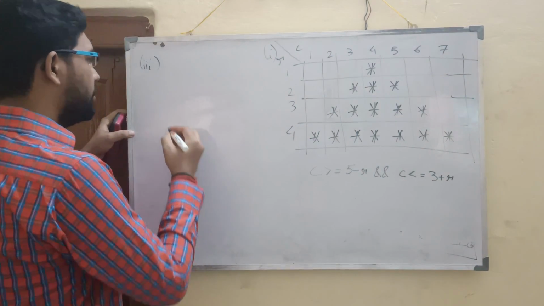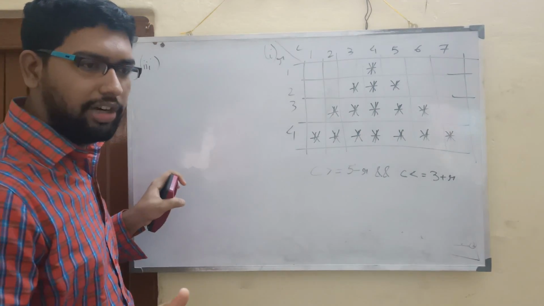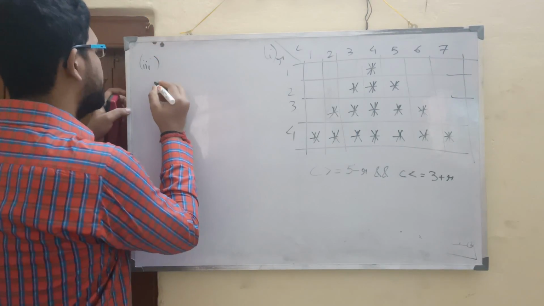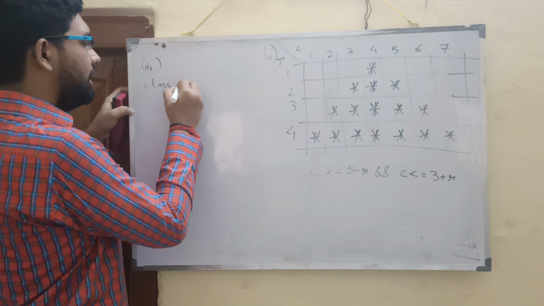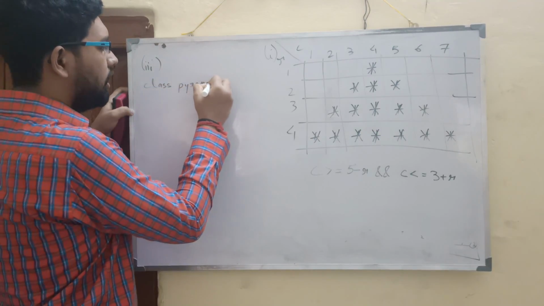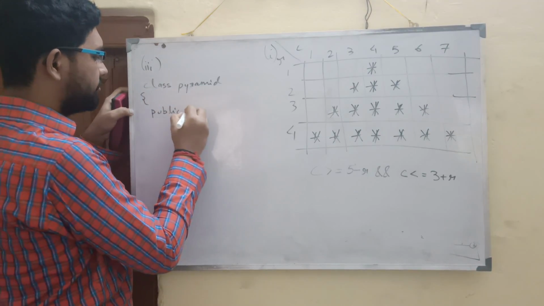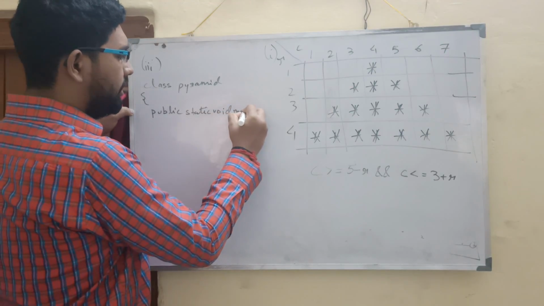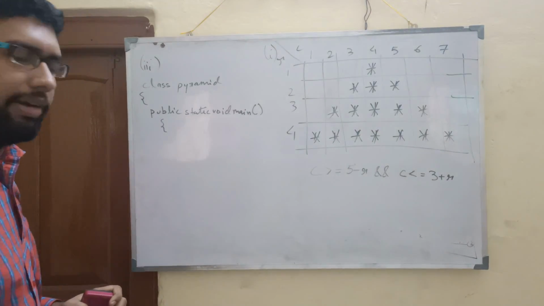So let us write down the complete program. You don't need to give the import statement in Java because we have given a predefined pattern. So the program will look like this: class Pyramid, and inside that we will write public static void main, and inside we will write the following pattern.